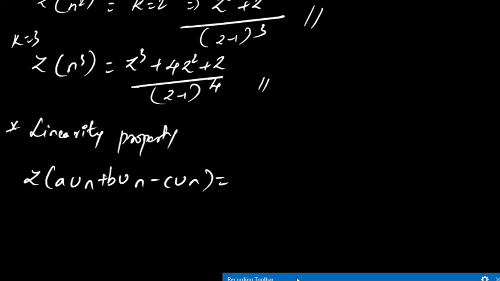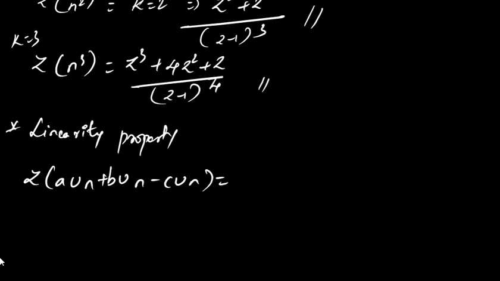Next comes the linearity property of Z transform. Linearity property we have studied in derivatives and in other forms also, where the functions are applied only to the variables, not the constants. So here a, b, c turn out to be constants.